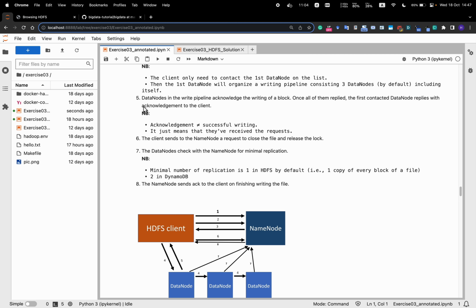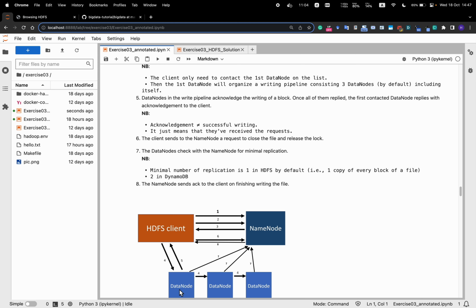Say you have 3 data nodes and all of them replied, and the first data node the client contacted will send an acknowledgement to the client saying that the operation is done, please move on to the next one. This doesn't mean that all of the operations were successful, because that would be quite time consuming.